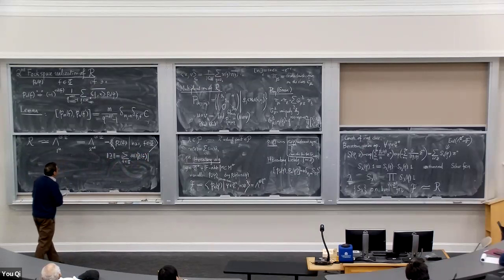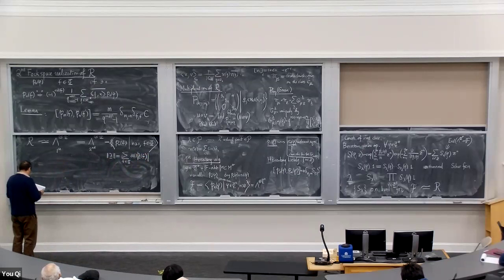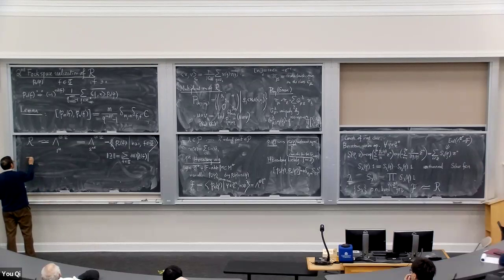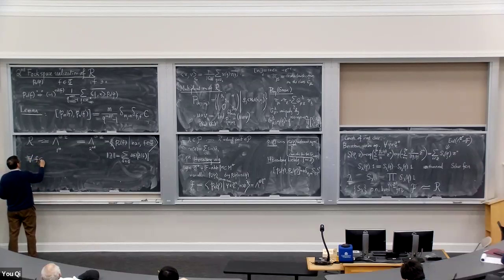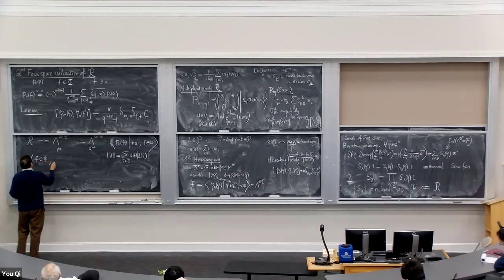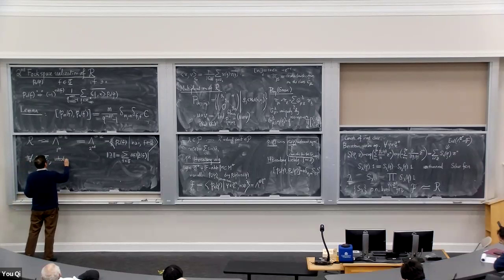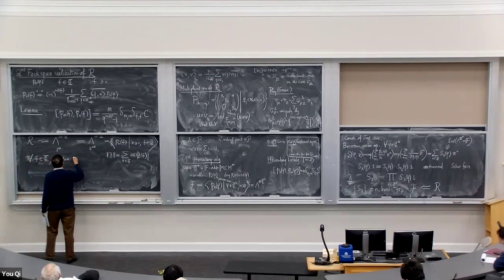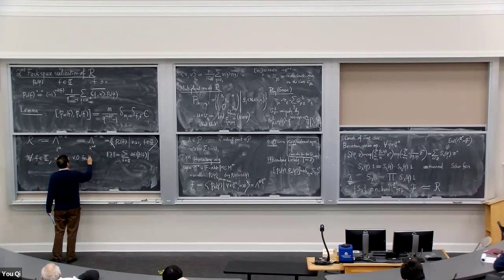So we can introduce, for each F in the orbit, the vertex operator for Hall-Littlewood.